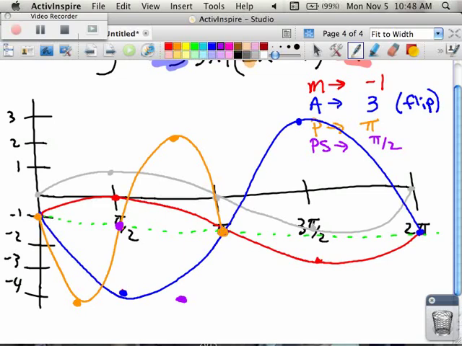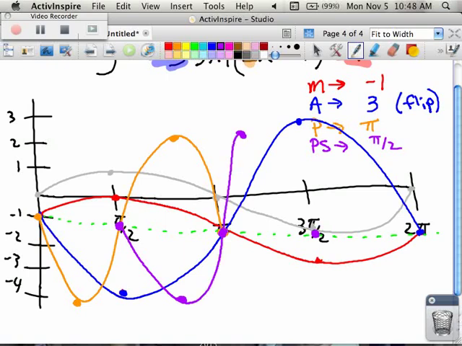And then I come back up to the midline. Into the mountain. And back down to the midline. So it looks like this, shifted pi over 2.